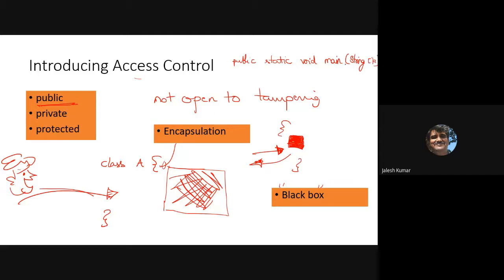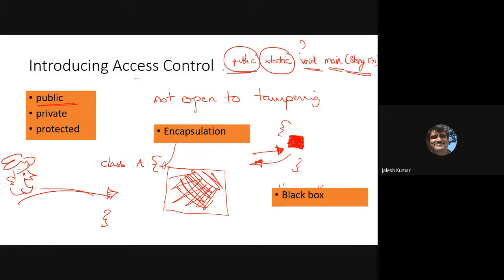Main is a keyword, void is a return type. So far I put this as pending; I have not disclosed much information about static. As a definition, we defined it long back. Now the first keyword is public.